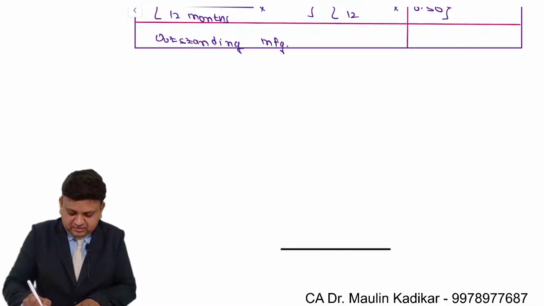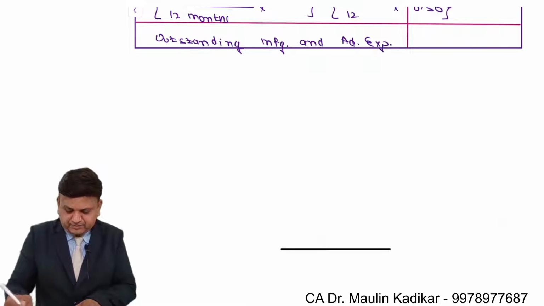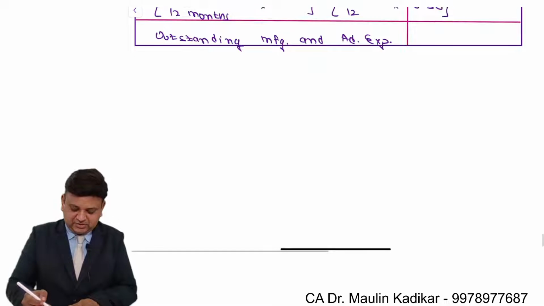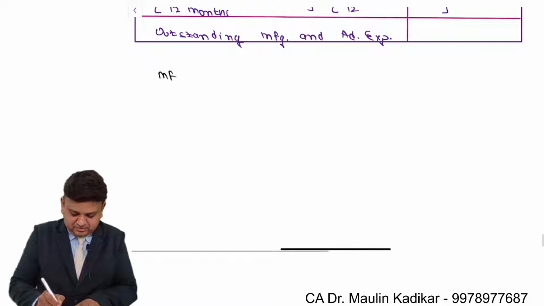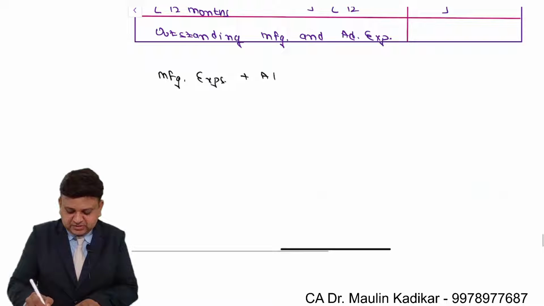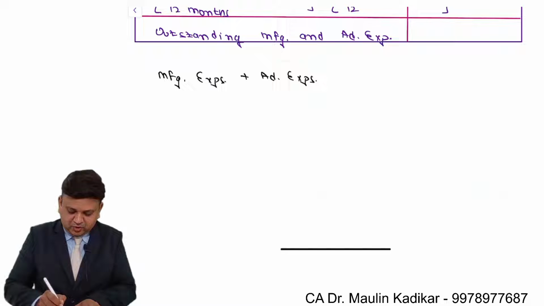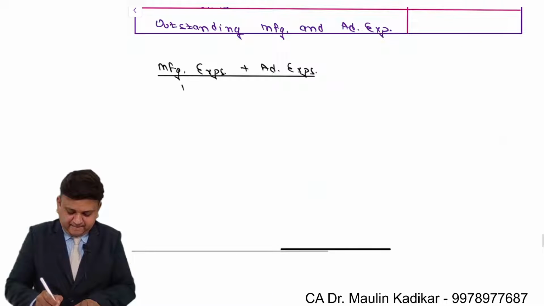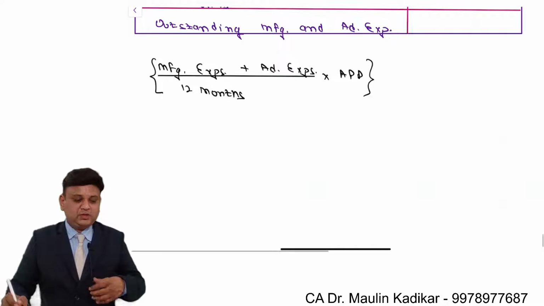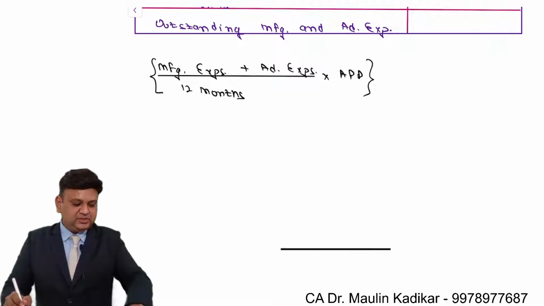Manufacturing expenses plus administration expenses, whole divided by 12 months into average payment period. What is the amount of the manufacturing expenses?